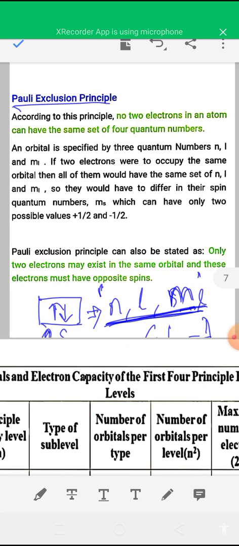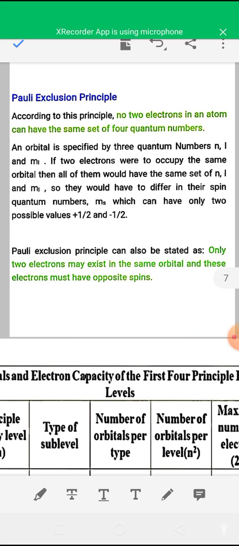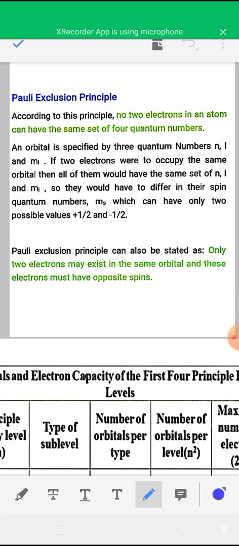So according to the Pauli exclusion principle, no two electrons in an atom can have the same set of 4 quantum numbers. 2 quantum numbers may be the same, or 3 may be the same, but all the 4 will not be the same. The Pauli exclusion principle can also be stated as: only two electrons may exist in the same orbital, and these electrons must have opposite spin.